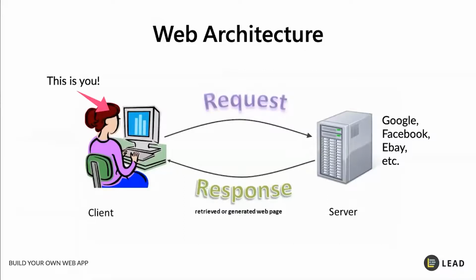So when you open up your browser and type google.com inside the URL bar, when you press enter, your browser will do a simple request to the server to say that, hey, there's a user requesting this google.com domain. We will need to show something to the user.